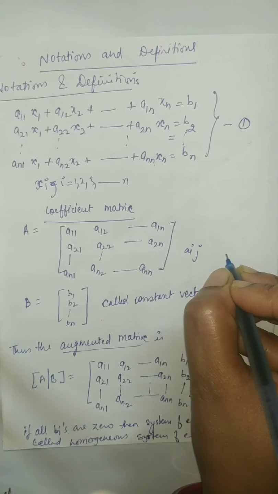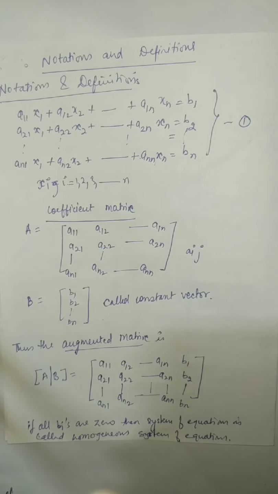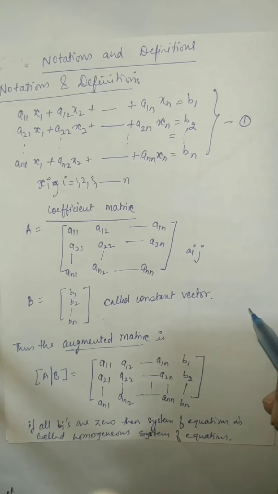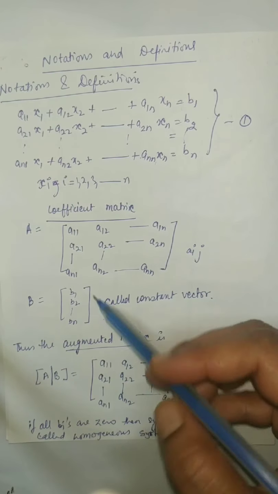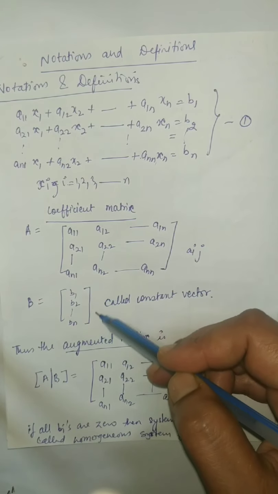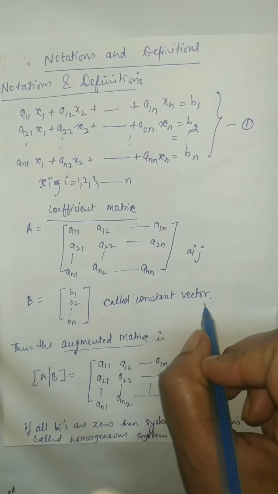The numbers on the right hand side of this system of equations are called constants and are written usually in the column vector form, and this is called the constant vector.